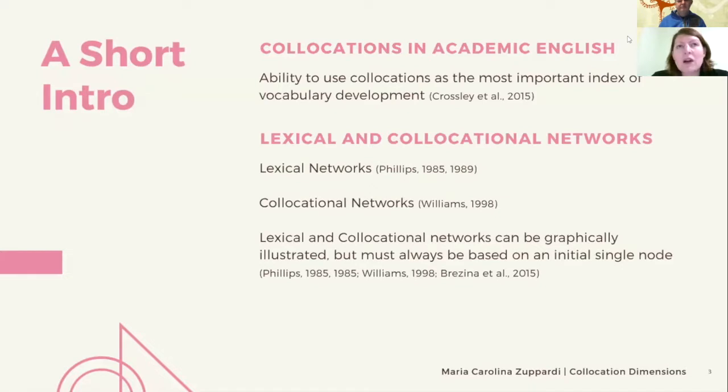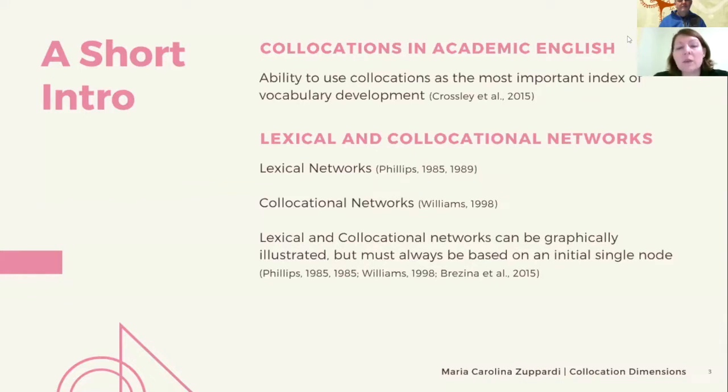But not only collocations, what really interests me is going beyond the collocation to look at patterns in text and how they are interconnected. Phillips has this notion of lexical networks, where collocational patterns may reveal what a text is about, the aboutness of text.